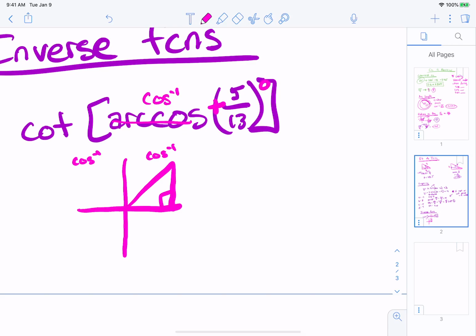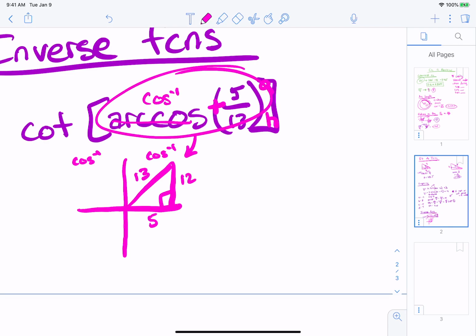So cosine is adjacent over hypotenuse. So the adjacent side is 5, the hypotenuse side is 13. What's the other side going to be? 12. You can do the Pythagorean theorem if you want to. That guy will just be 12. Okay? So this inside piece right here tells me what it looks like. But now I want to find cotangent of that.